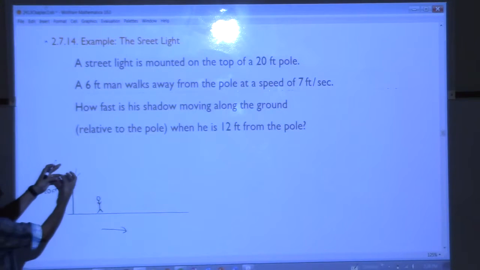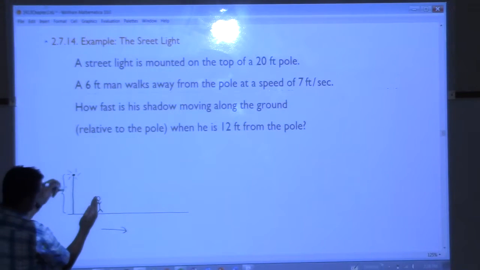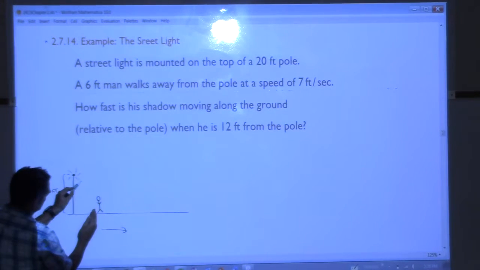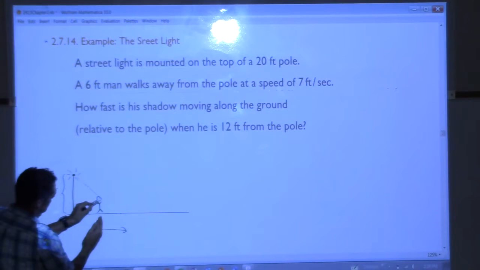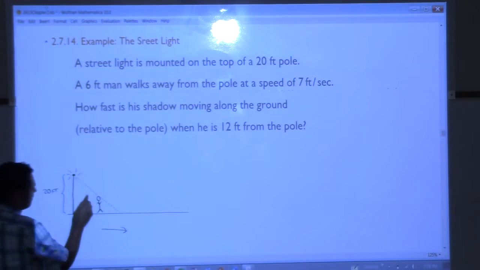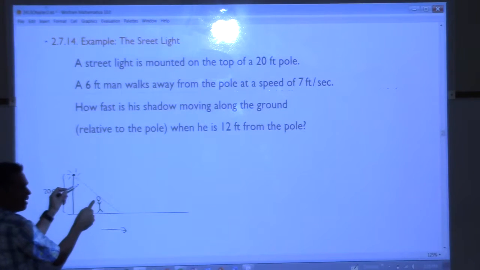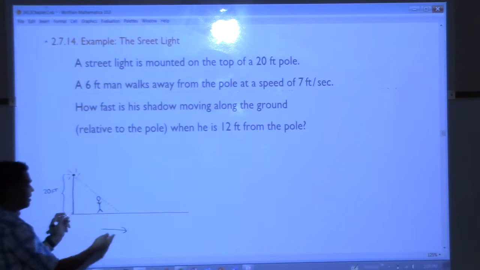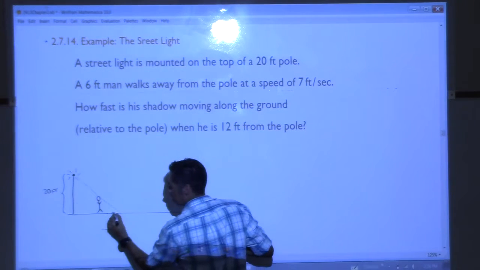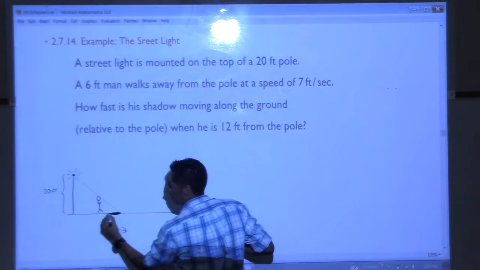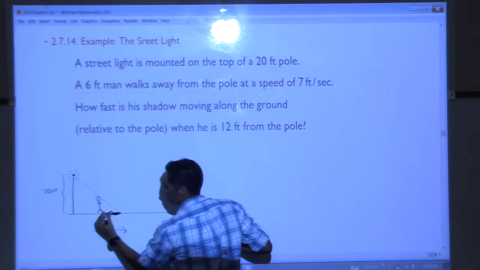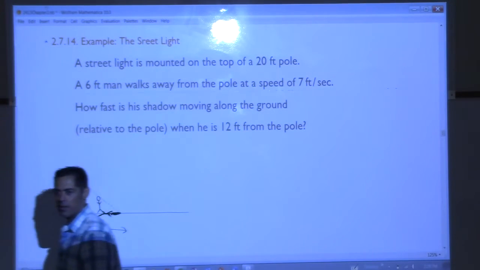The light's shining, and if you imagine connecting straight to his head down there, then any light rays on this side are going to be blocked by him. So it's going to cast his shadow on the ground. His shadow is going to look something like this. That's his shadow on the ground.